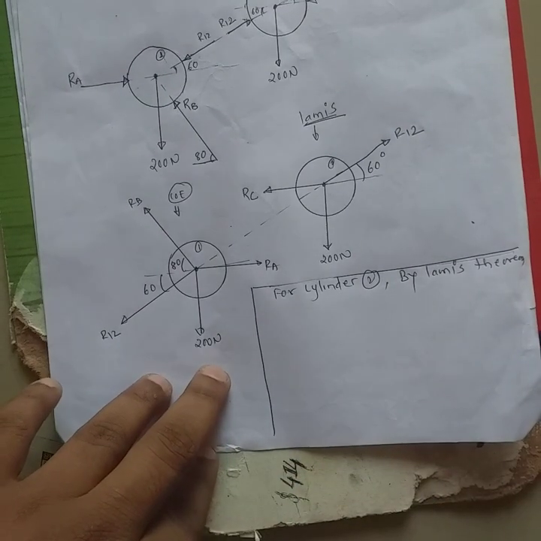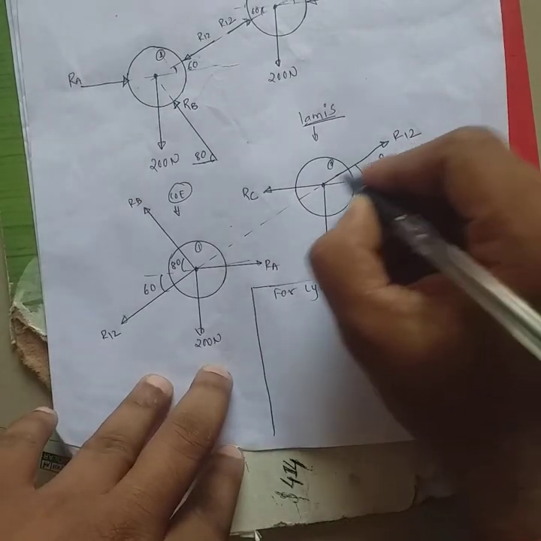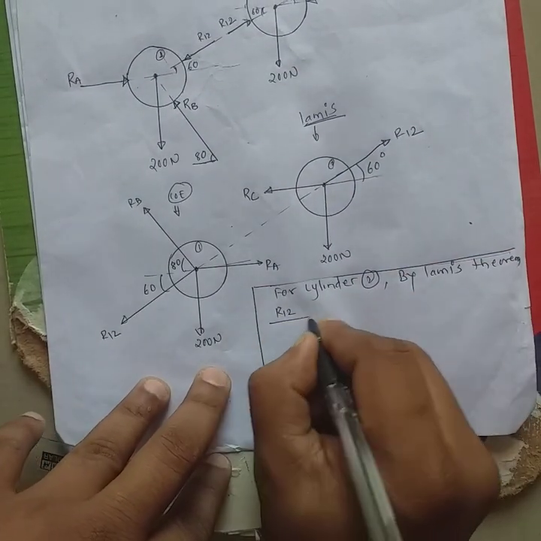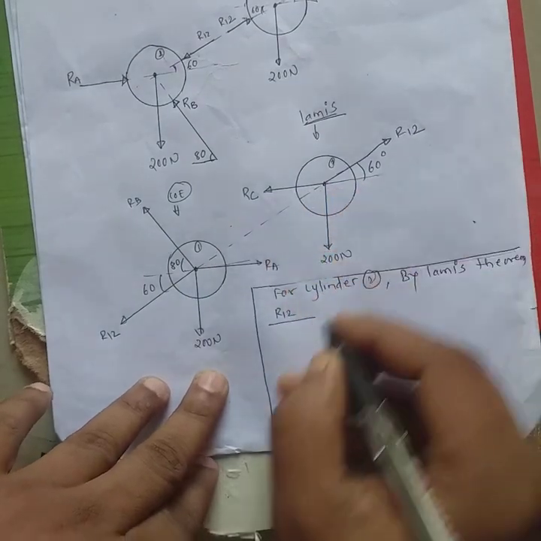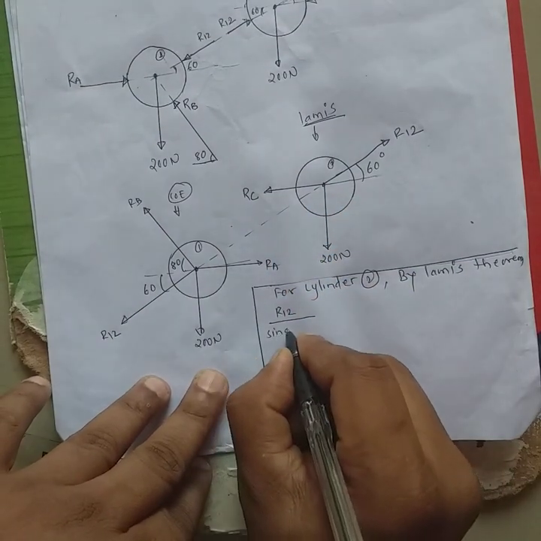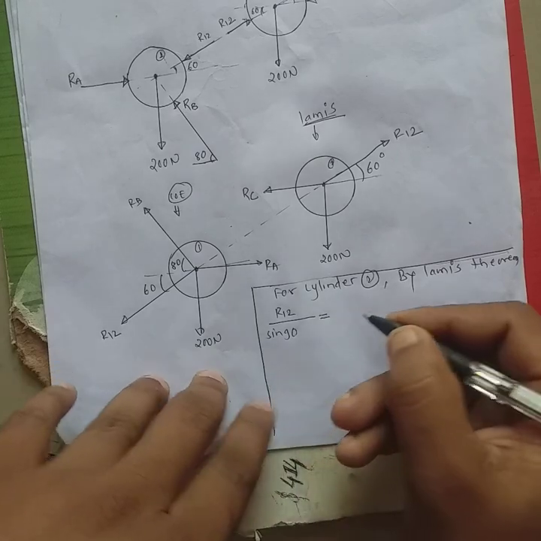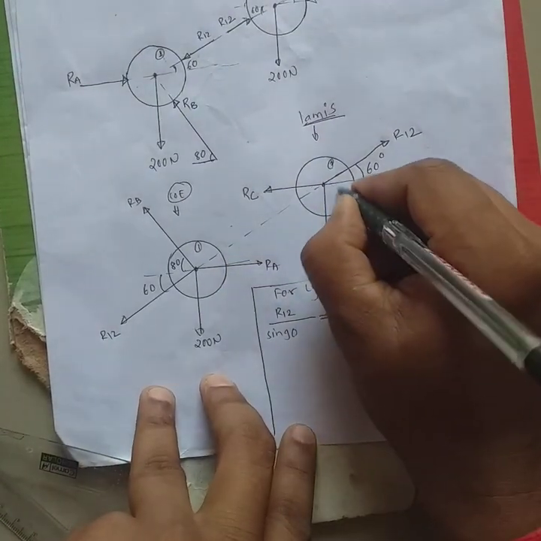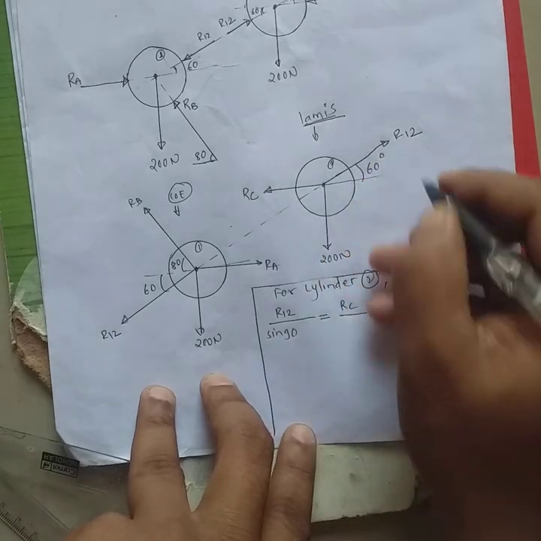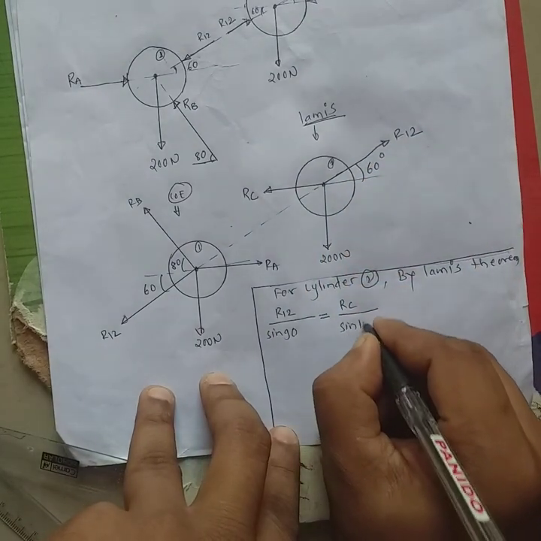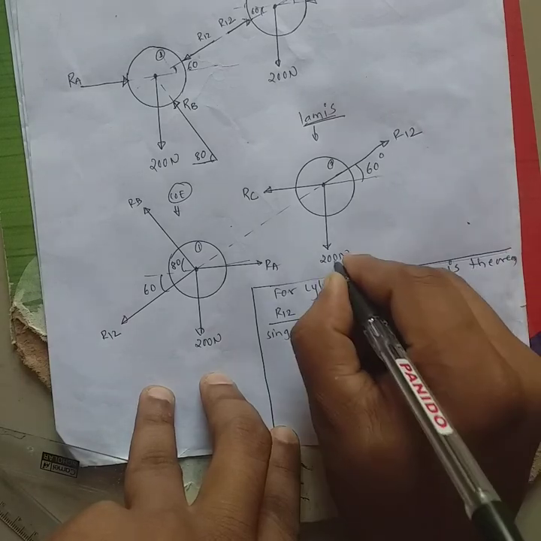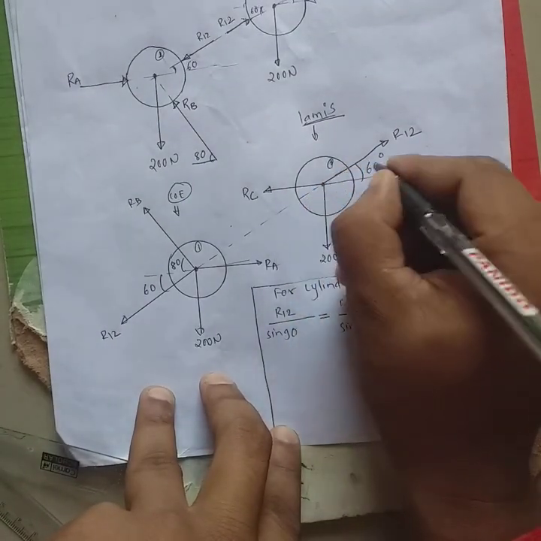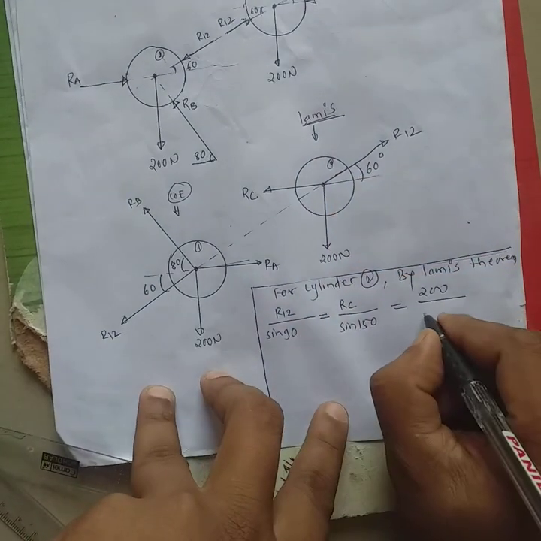So by Lami's theorem, this will be R12 divided by sine of the angle between the two remaining forces, sine of 90, equals RC divided by the angle between the remaining two forces, 90 plus 60, 150, sine 150, equals 200 divided by the angle between the remaining two forces, so 180 minus 60, sine 120.